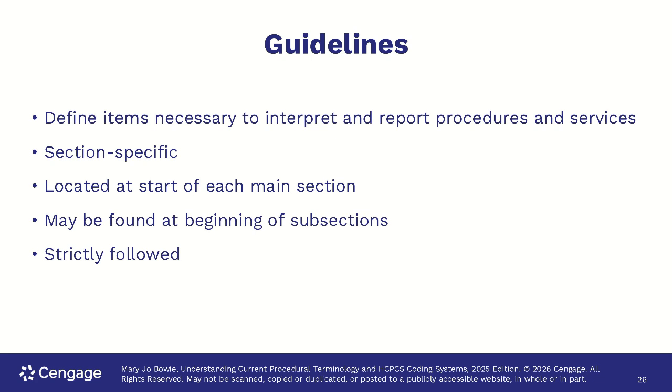All right, guidelines, guidelines, guidelines. I talked about this, right? Guidelines are at the beginning of that section, and they are specific to that section. And then within the section, you have subsection notes, parenthetical notes. You even have some coding tips, right? These guidelines are to be followed.